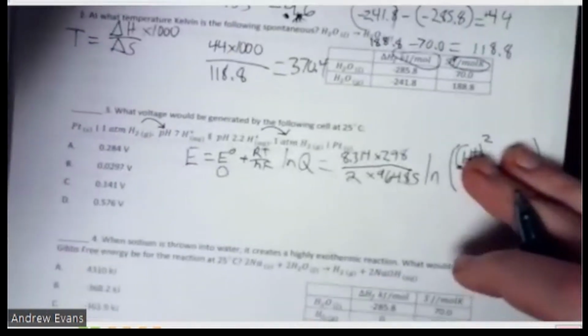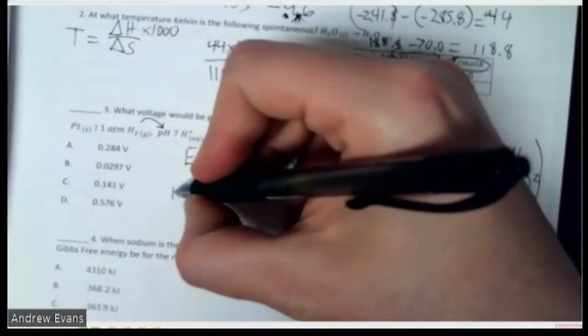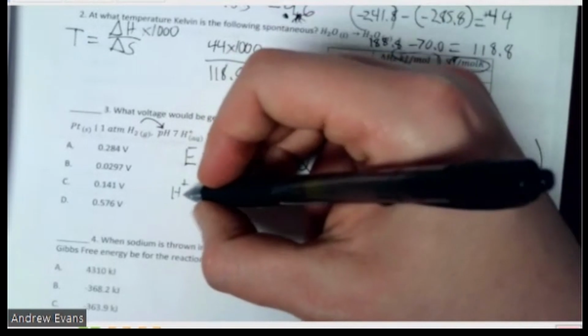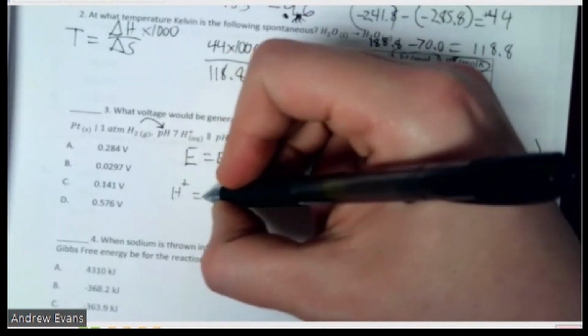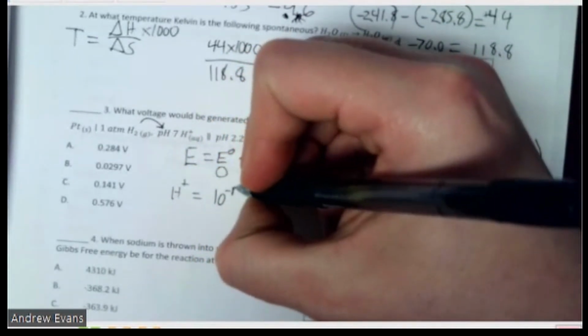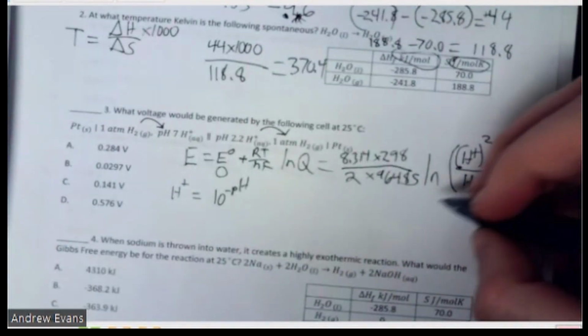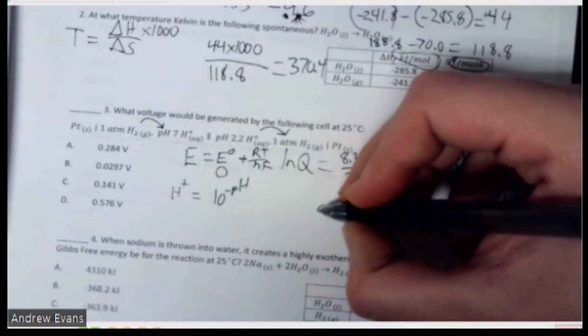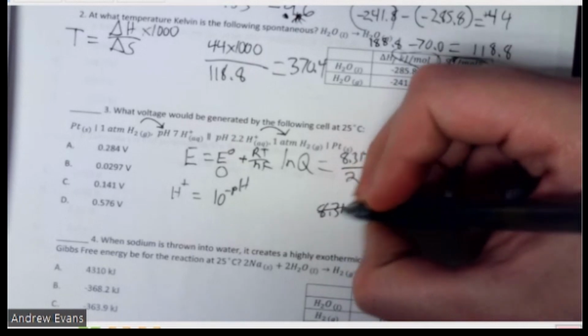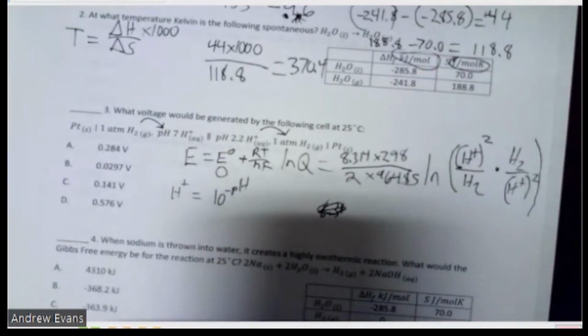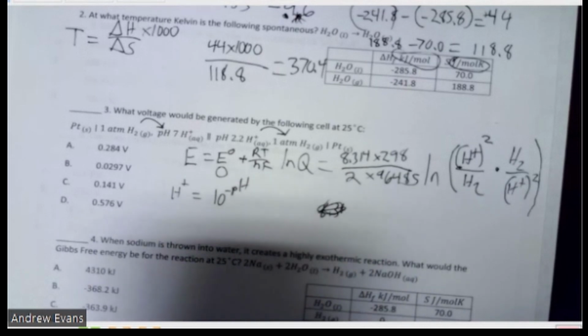Turn the pHs back into the H plus, which is equal to 10 to the negative pH. So plugging that in, 8.314 times 298 divided by 2 divided by Faraday.